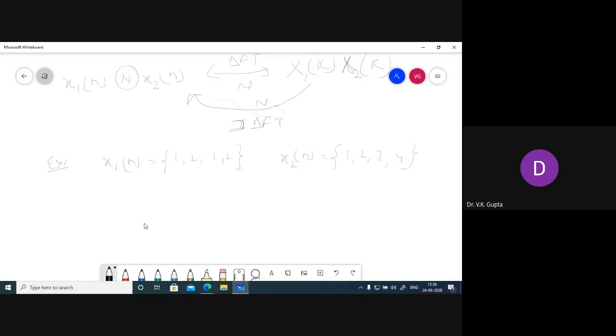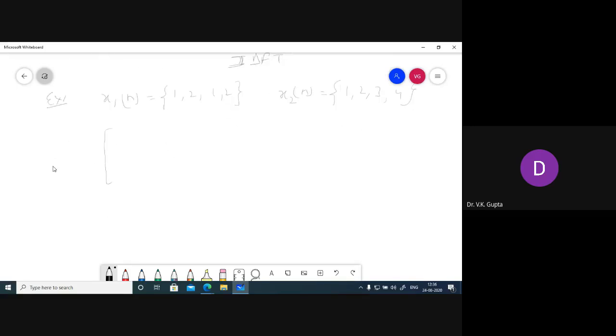By the matrix method, we can write X1(0), X1(1), X1(2), X1(3) is equal to the W4 matrix.